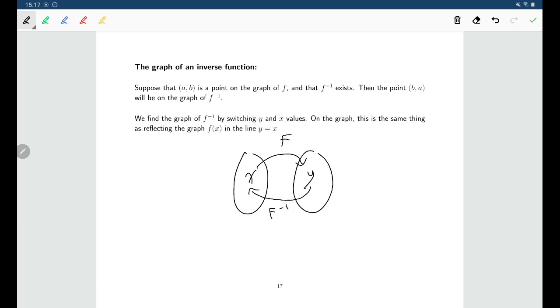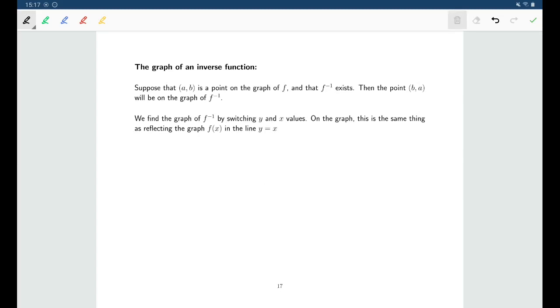So if you know that f has the point (x, y) on its graph, then f inverse will have the point (y, x) on its graph. In other words, whatever points you have on the graph of f, switch the coordinates, and that will be a point on the graph of f inverse.